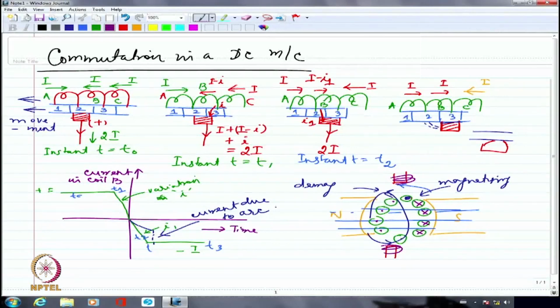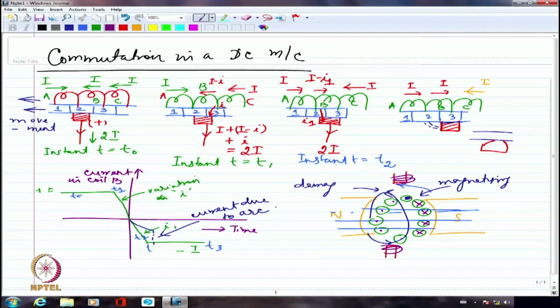Because if the armature reaction effect is perceivable, I want the interpole to come into the picture. Otherwise, I don't want the interpole to act at all. So the winding around the interpole will carry the current which is the same as that of the armature current.